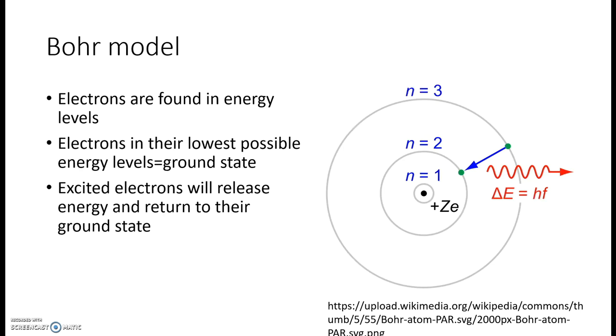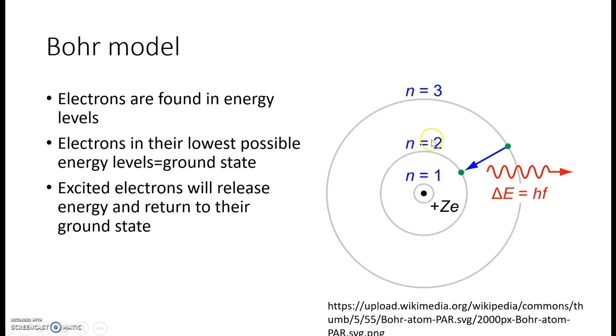There's only so many electrons that can go into each energy level. When electrons are in their lowest possible energy levels, they're referred to as ground state electrons. Now, excited electrons: if some energy is introduced to the system, an electron can be excited from its ground state into a higher energy level.